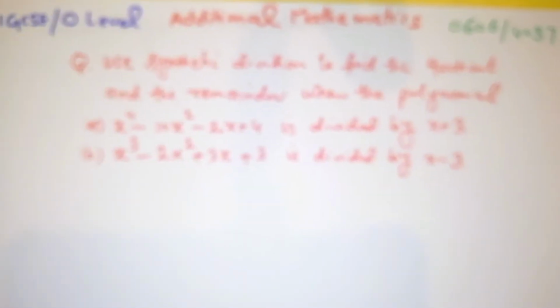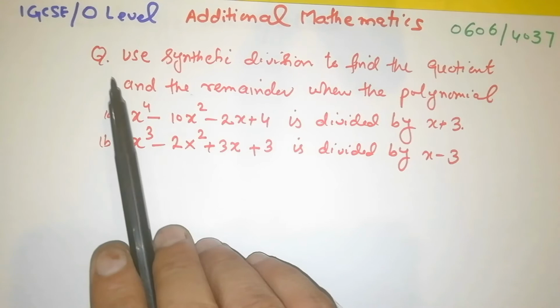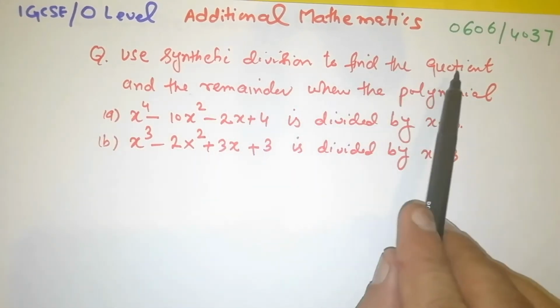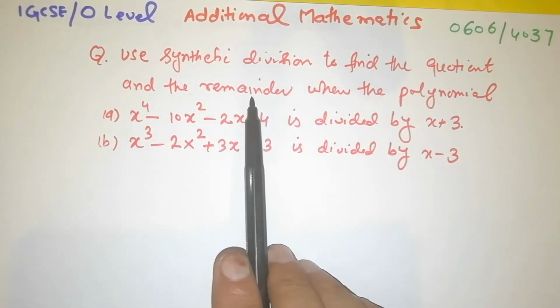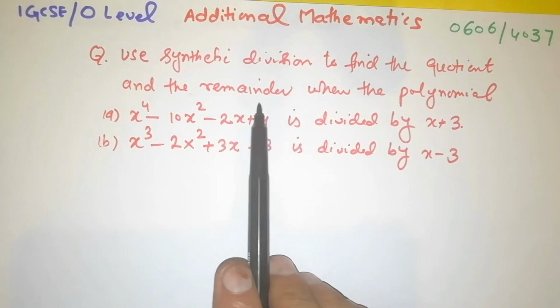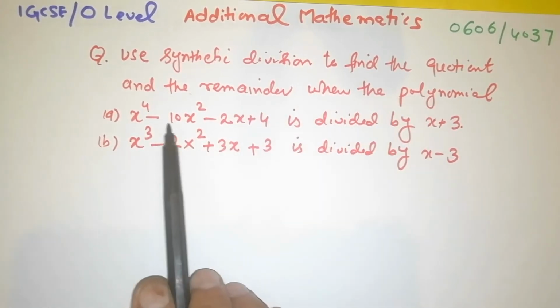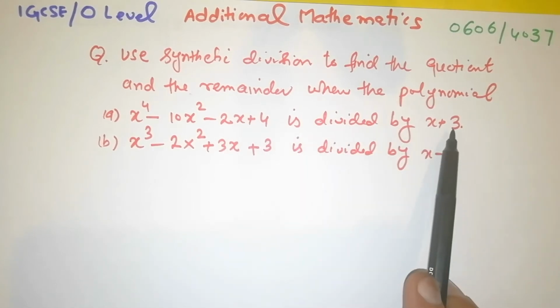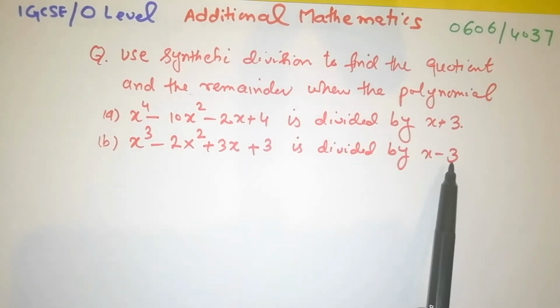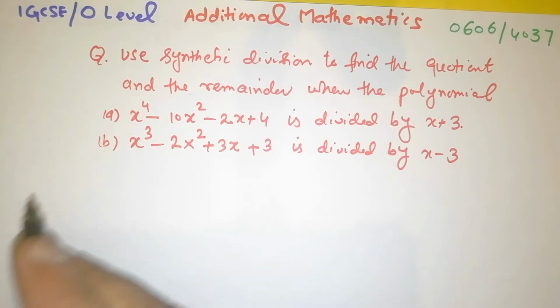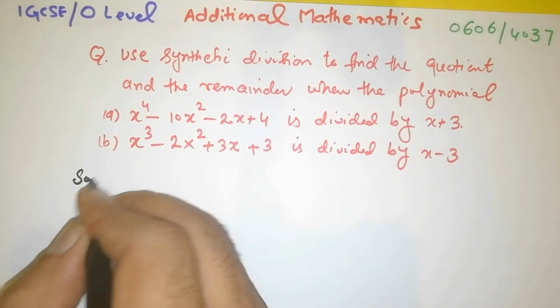Use synthetic division to find the quotient and remainder. Students, you know, in the long division method we also find quotient and remainder when the polynomial is divided by x plus 3 and by x minus 3. So students, see here the solution.